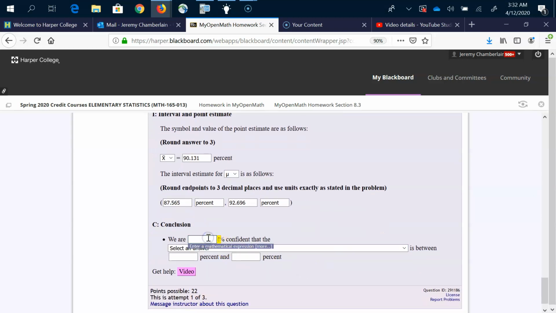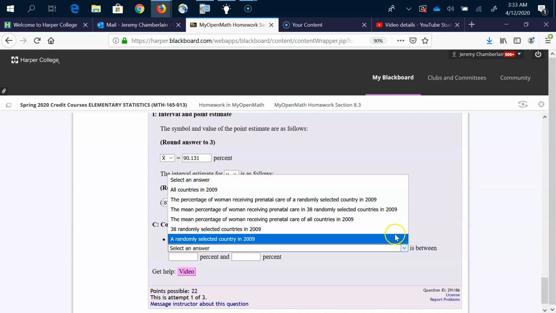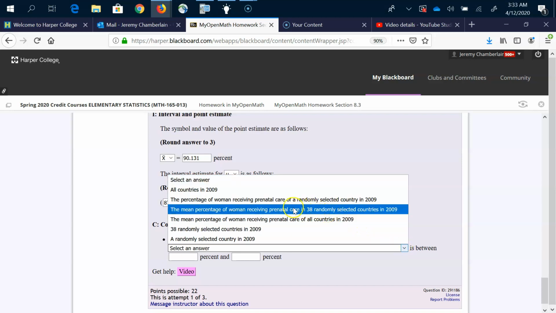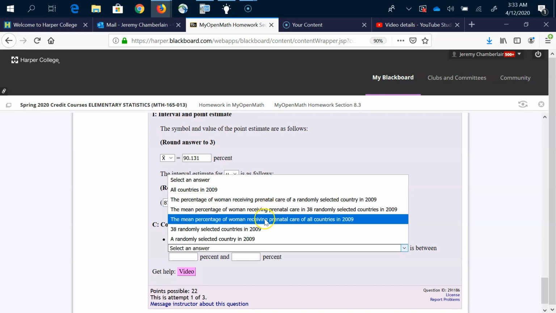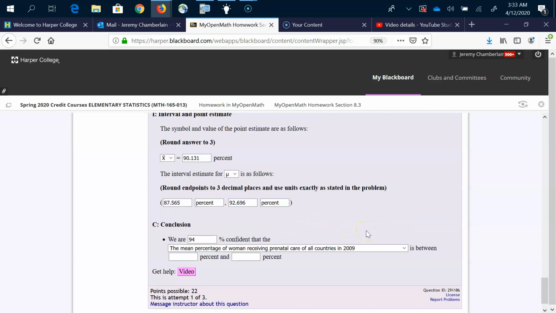Conclusion, we are 94% confident that the mean percentage of women receiving prenatal care of all countries in 2009 is between 87.565, and now I'm literally just copying the numbers down, percent, and 92.696%.